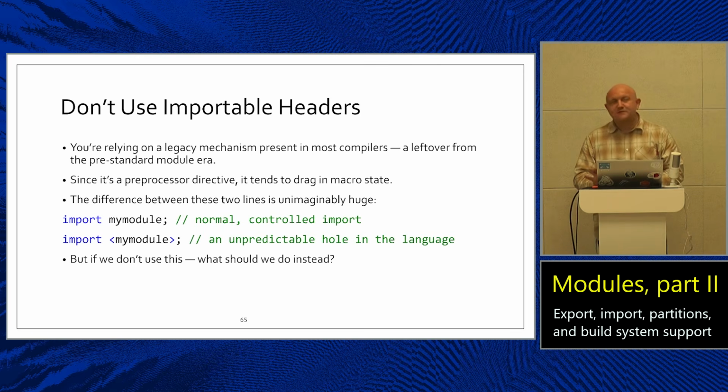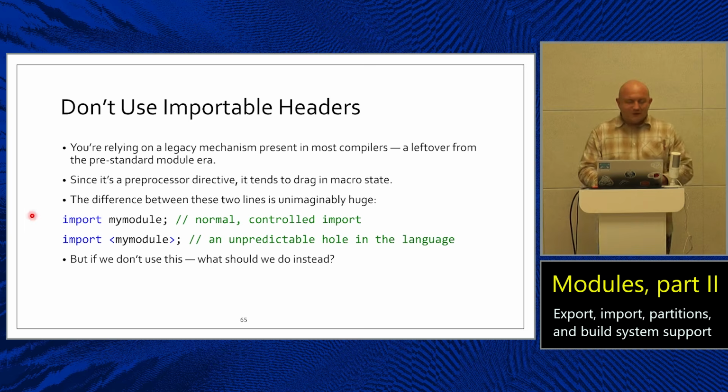And everything is terrible here. So please, I'm asking you, don't use importable headers. Yes, unfortunately, they made it into the standard, but still don't. They are left over from the pre-standard era of modules, a fossil of early compiler experiments. And the worst part, they drag in the macro state with them.